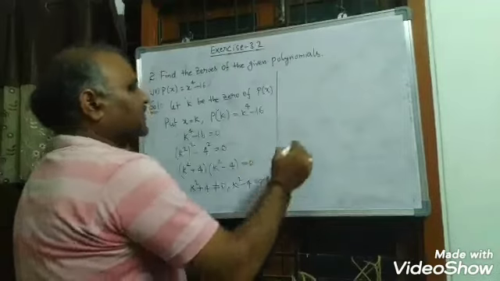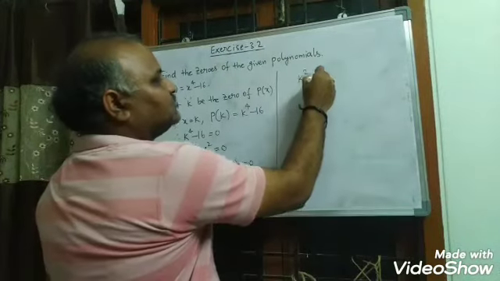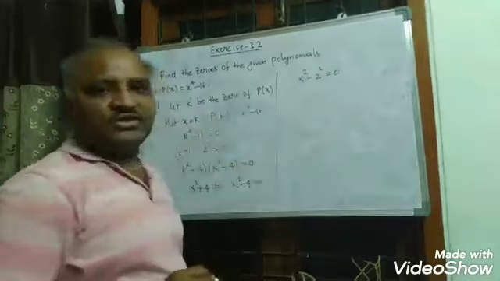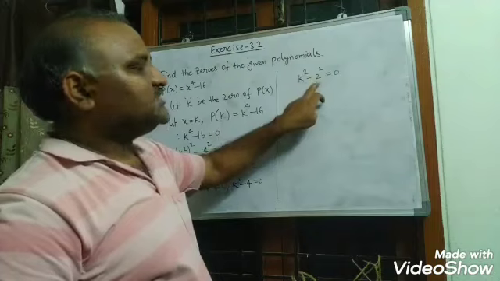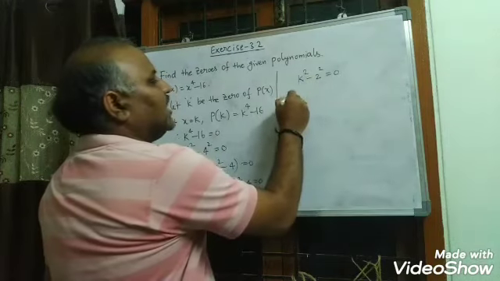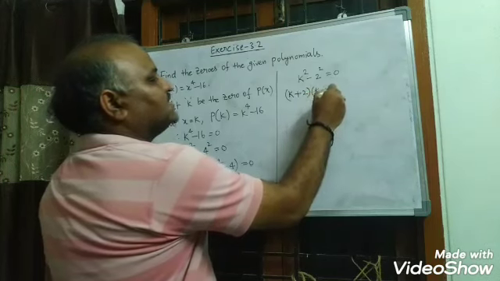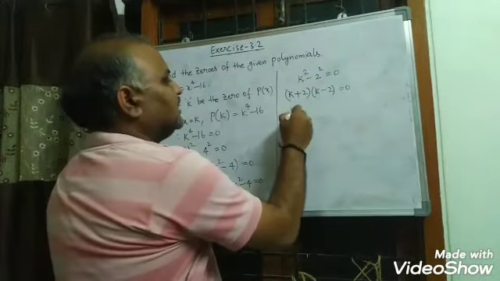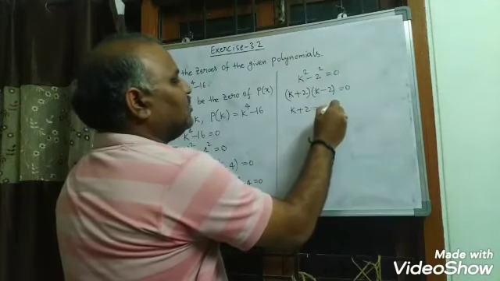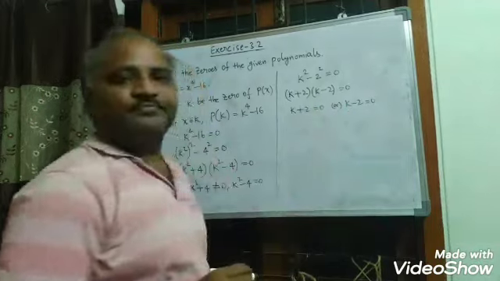That means k square minus 4 also we can write as k square minus 2 square equal to 0. That is again in the form of a square minus b square. So a plus b into a minus b equal to 0. So this is k plus 2 equal to 0 or k minus 2 equal to 0.